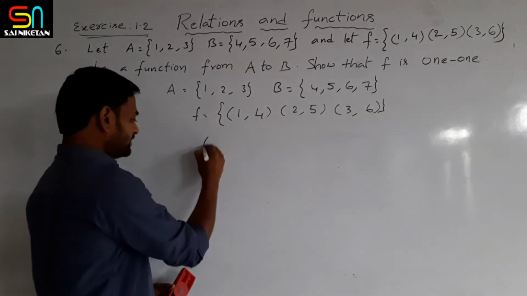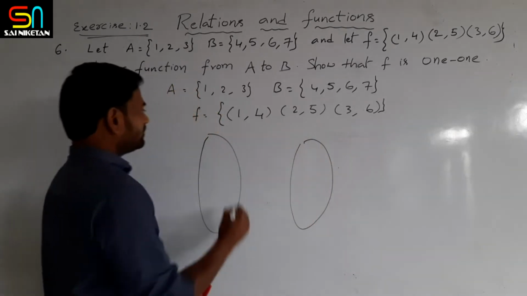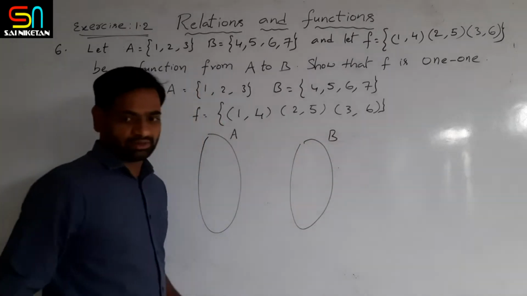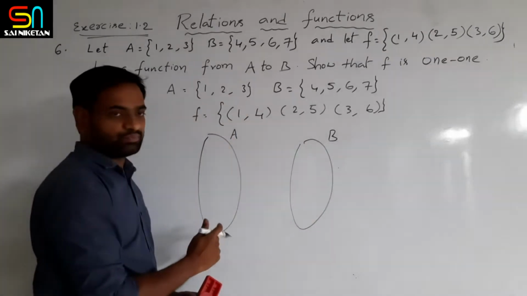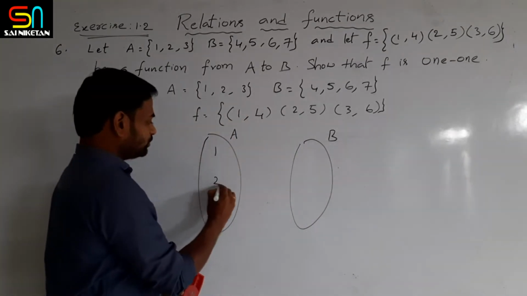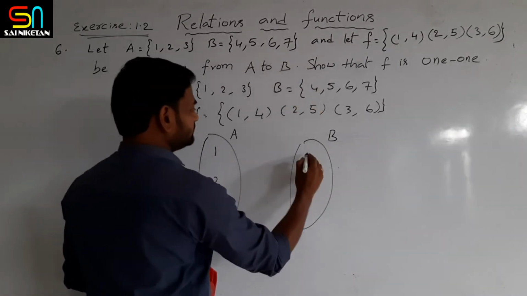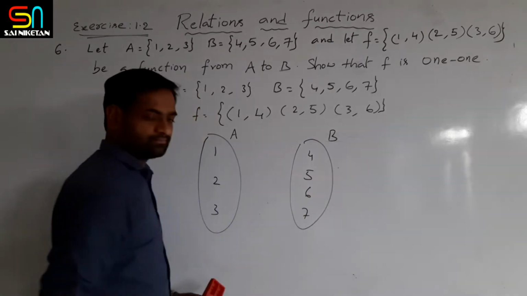Now I am taking the mapping here. So it is the capital A. This is the capital B. Now here, in the capital A, which elements we have? That is 1, 2, 3. In the capital B, the elements are 4, 5, 6, 7.